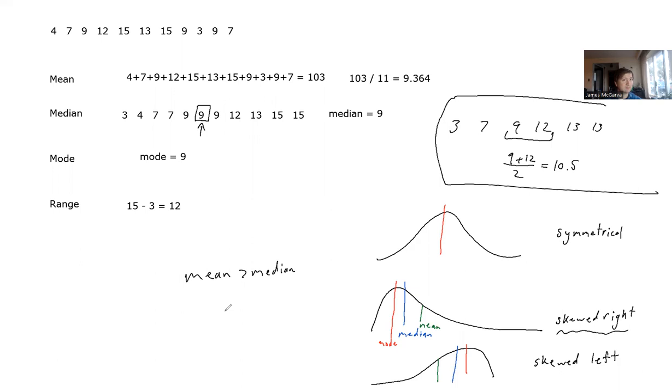It doesn't tell us by itself the shape of the distribution, but it's a hint. If you had to go just based on what you see here, you might draw that conclusion. You would say it's a little bit skewed right, because the mean is a bit bigger than the median. It's not a lot bigger, so it's not very skewed. We can get distributions that are more skewed or less skewed, more symmetrical or less symmetrical.